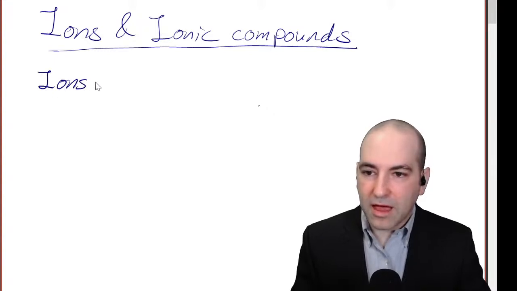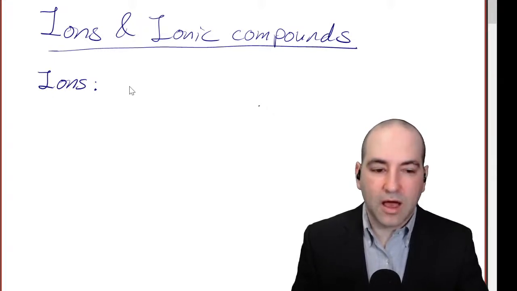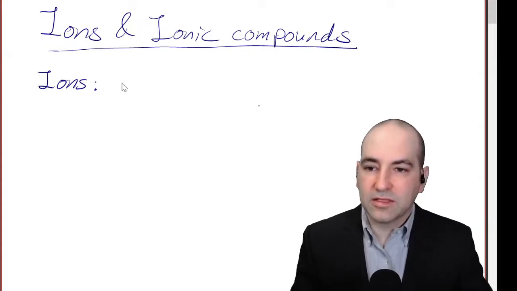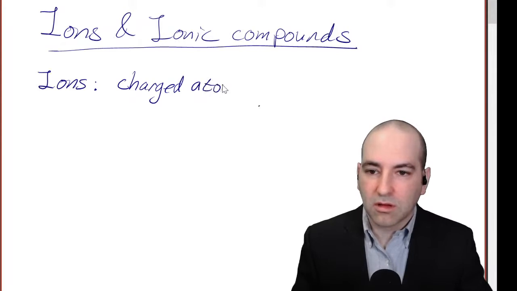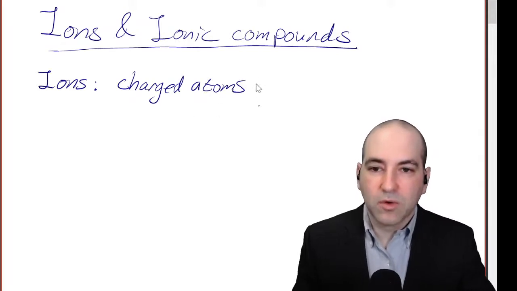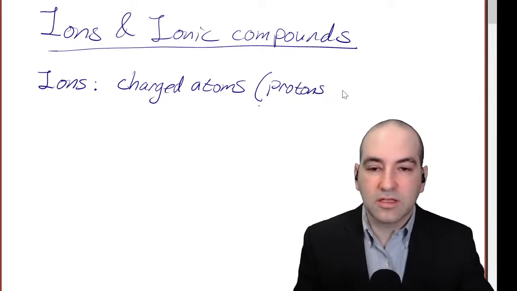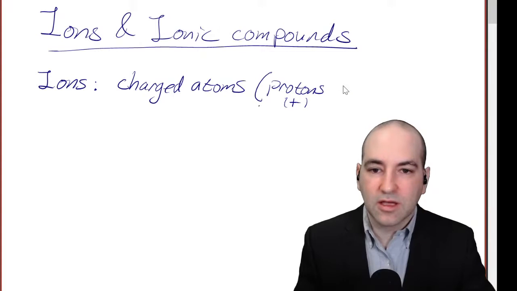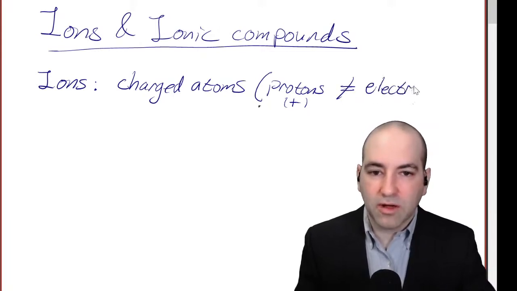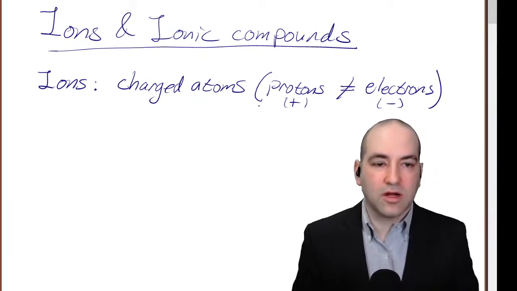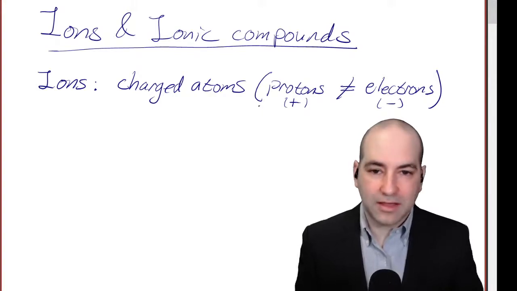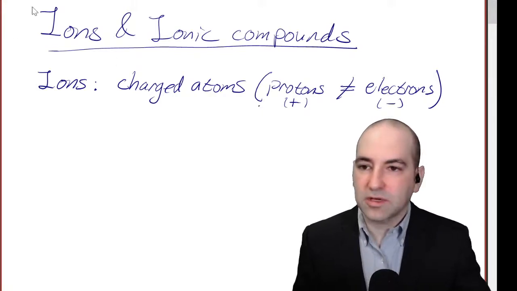Remember from that unit on atomic structure that ions are charged atoms, which means that the number of protons in the nucleus, the positively charged protons, is not the same as the number of electrons going around the outside of the atom. So in a charged ion, you have an imbalance there, and you can have two different types of imbalances.